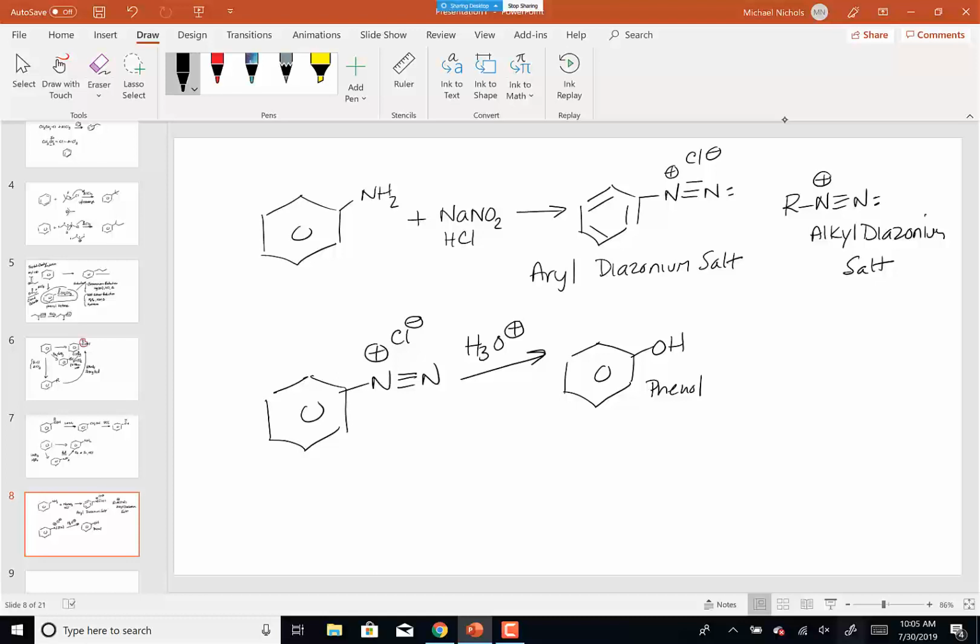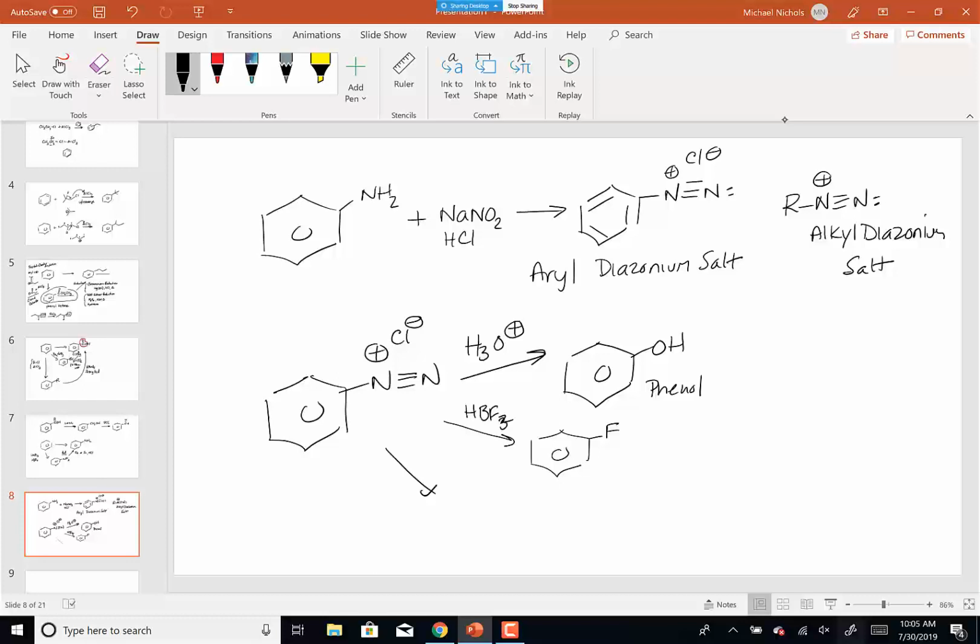If you want to convert this diazonium salt to a fluoride, you're going to use HBF2, I think. Or maybe HBF3.